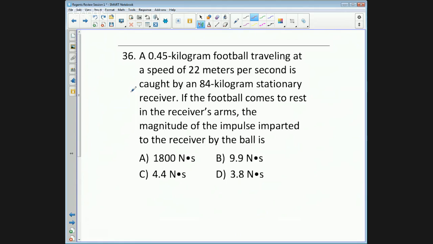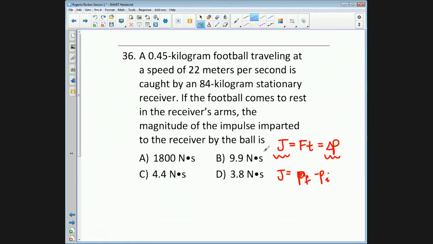If the football comes to rest in the receiver's arms, the magnitude of the impulse imparted to the receiver by the ball is, okay, a lot of words there, but J equals F times T, which equals delta P. In this case, we're going to use J equals delta P. So that's impulse equals P final minus P initial.